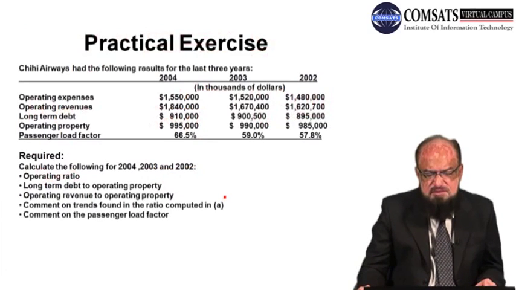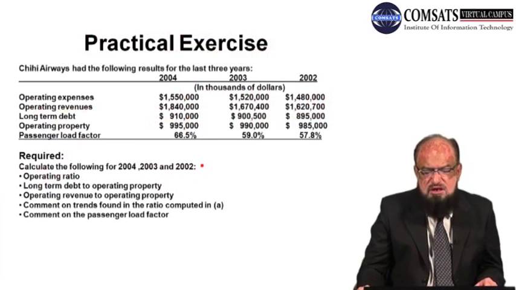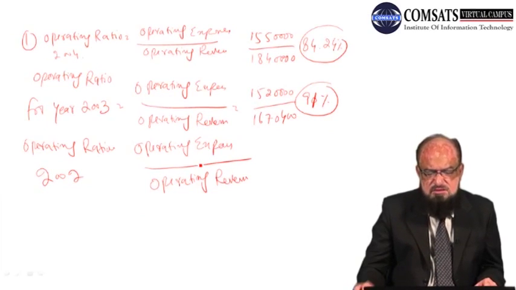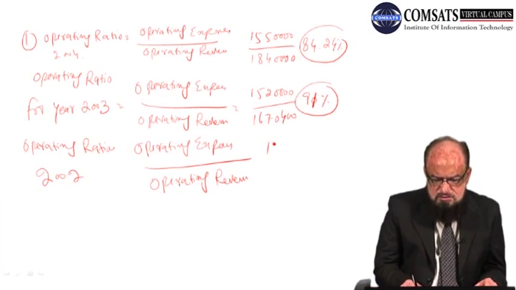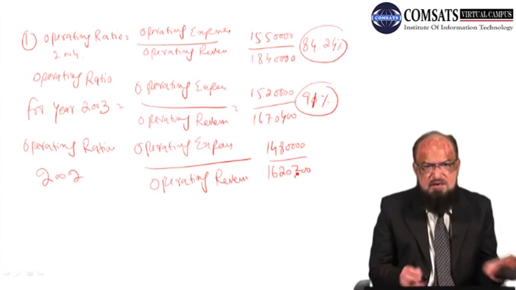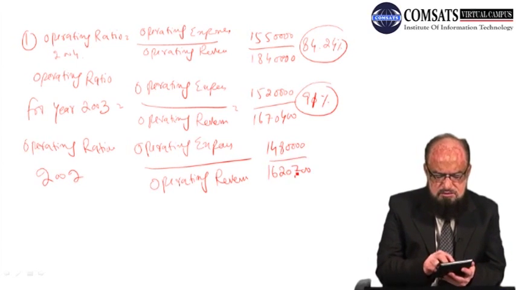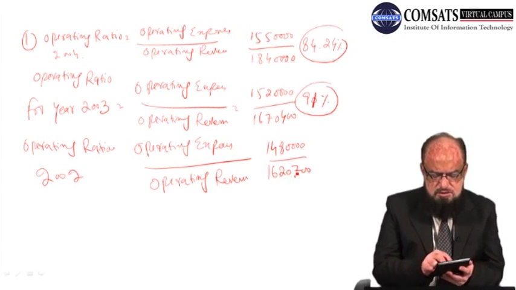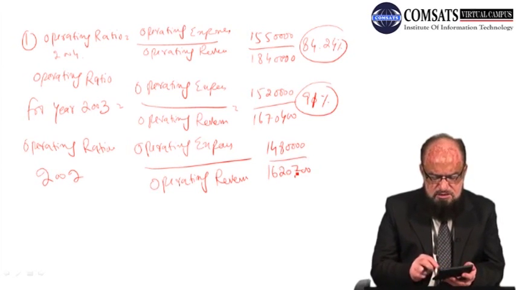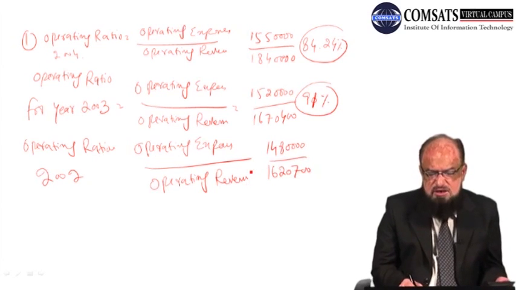Operating expenses are given: 14,80,000 and 16,20,700. Divide 14,80,000 by 16,20,700, multiply by 100, that is 91.32%.